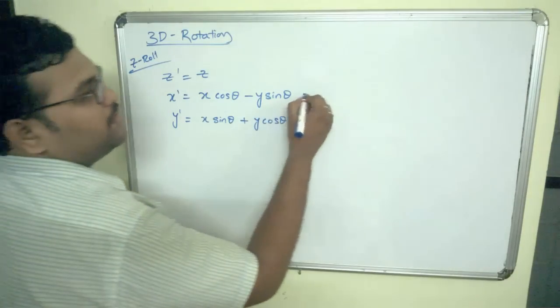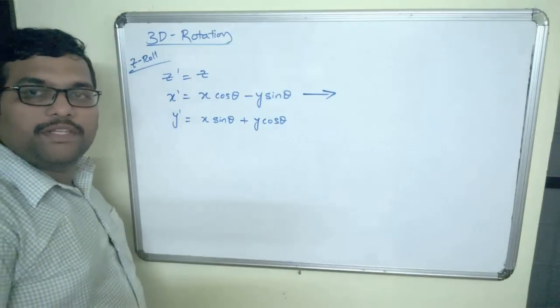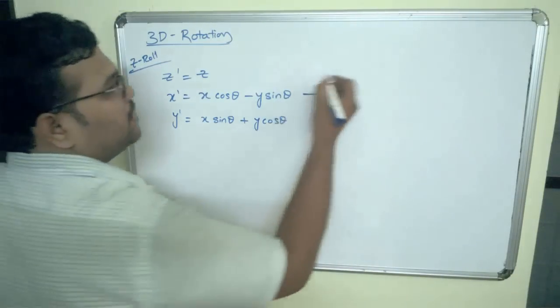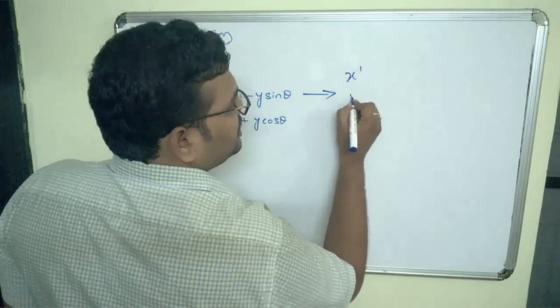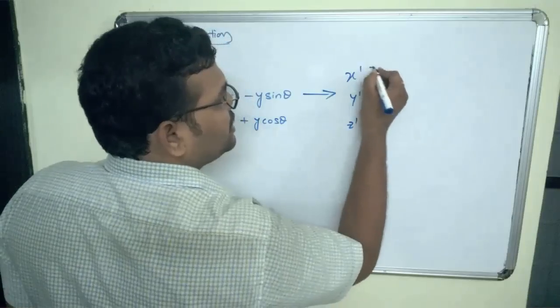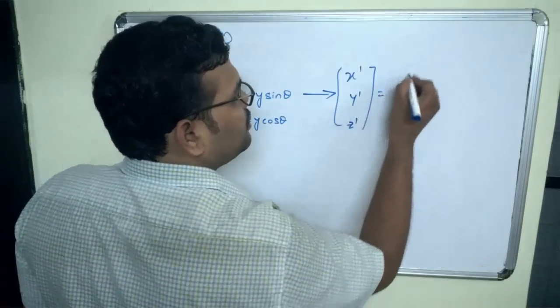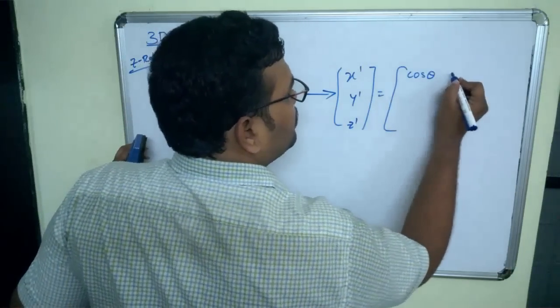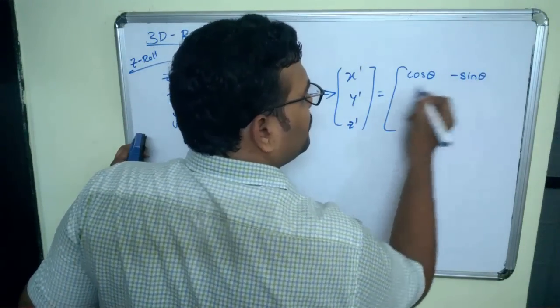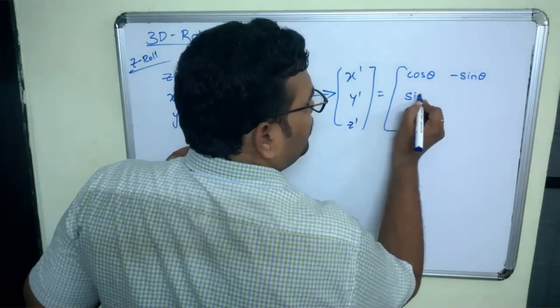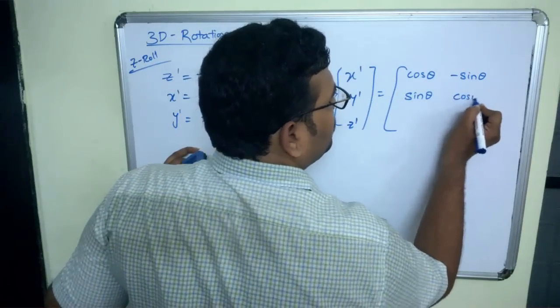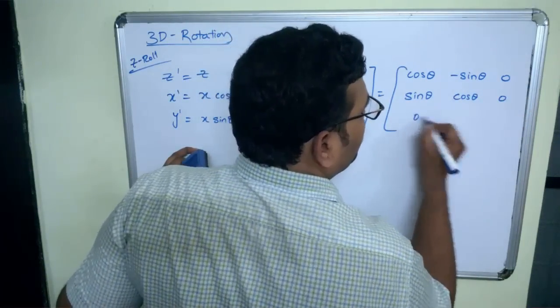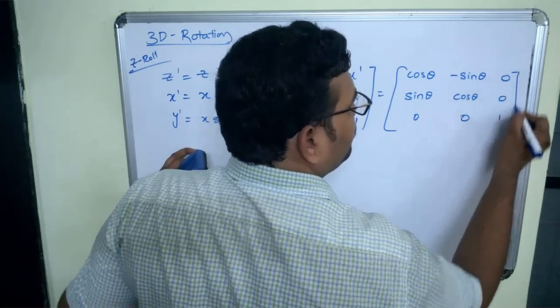From this we have to represent it in a matrix format. So x dash, y dash, z dash is equal to cos theta, minus sin theta, sin theta, cos theta, 1, multiplied by x, y, z.